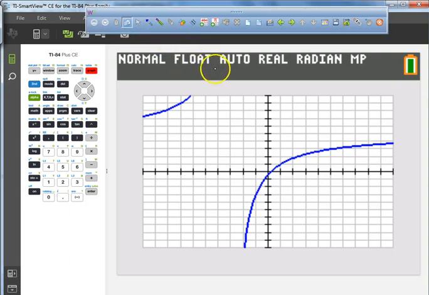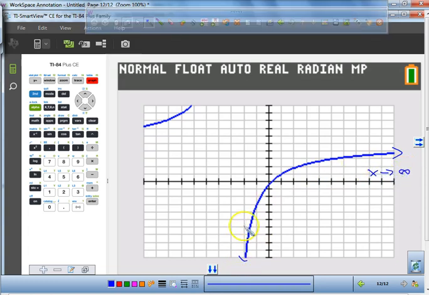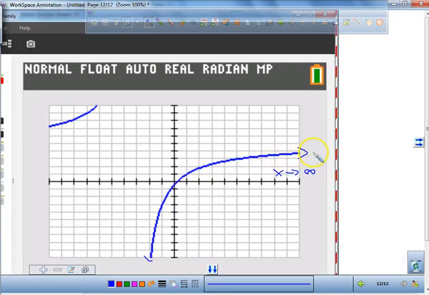As x is approaching infinity, what's happening to all of my y values? Are they increasing or decreasing? They're increasing. Even though they're not going up very far, where are they heading? They're heading towards positive infinity.